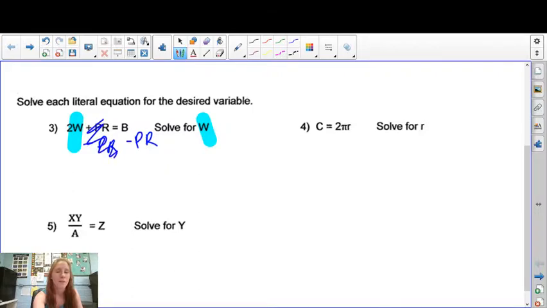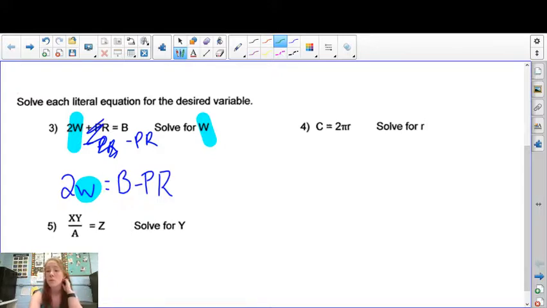That causes these to cancel on the left side, so I'm left with 2W is equal to capital B minus PR. And then we're going to go ahead, get our highlighter out, again, identify my letter. Still looking for W. Now, if you notice, W is being multiplied. So how do you undo multiplication? You divide, right?